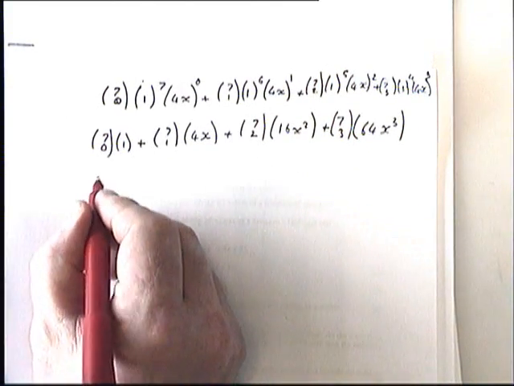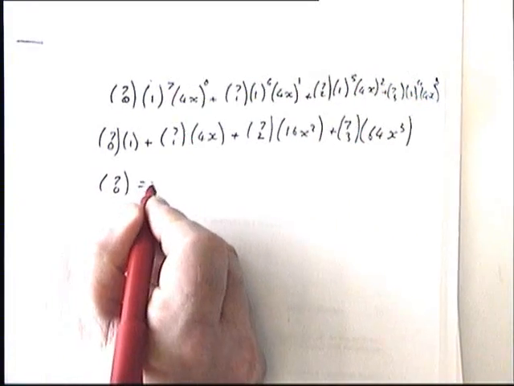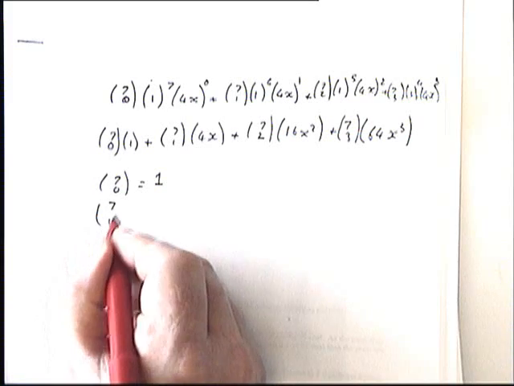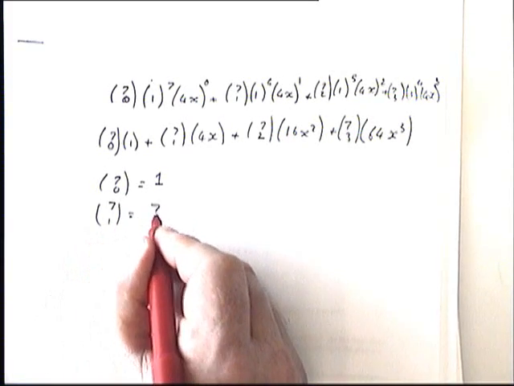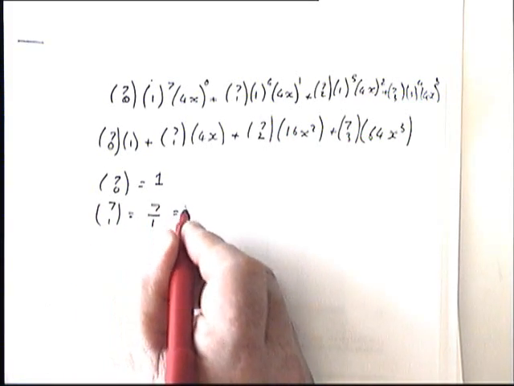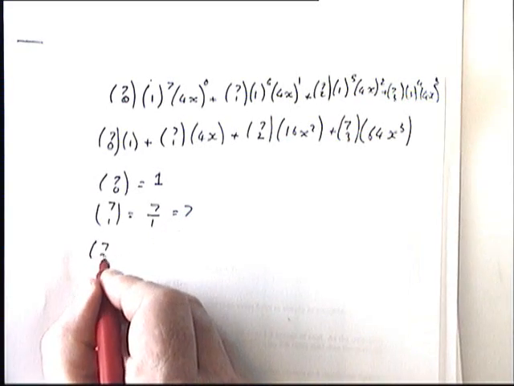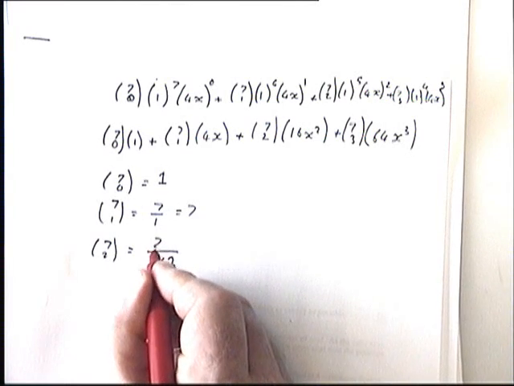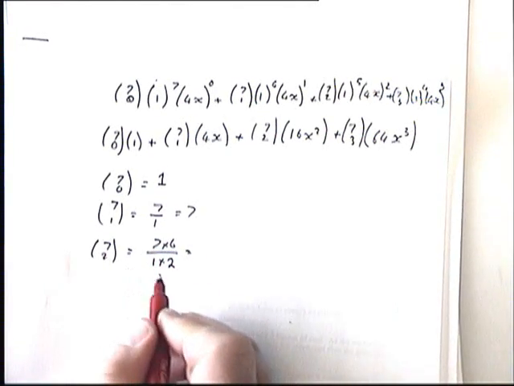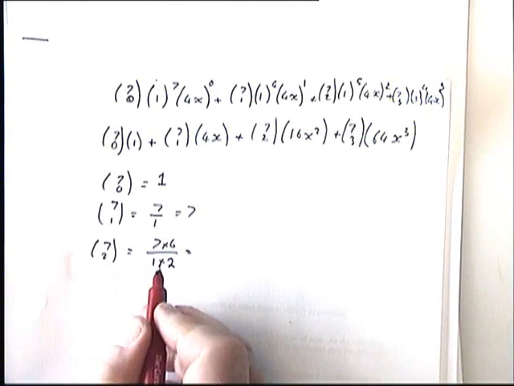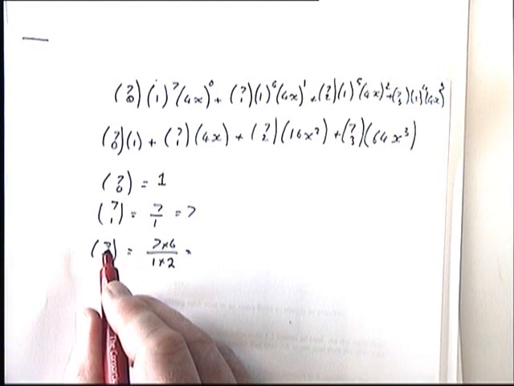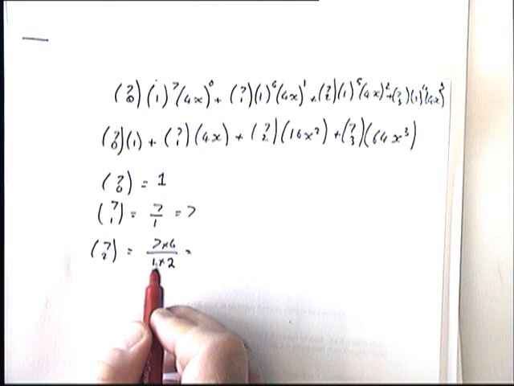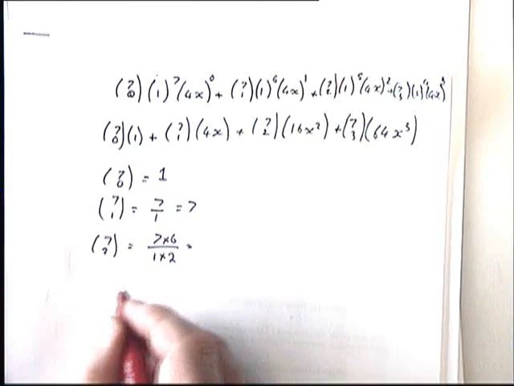But the first one is to realise 7C0 is just equal to 1. 7C1 is equal to 7 divided by 1, which is 7. 7C2 is equal to 1 times by 2 on the bottom, and 7 times by 6 on top. So notice it's the first 2 at the bottom, so it's 1 times by 2, and then it's 7 times by 6. It's the same number of terms in the bottom as is on top.